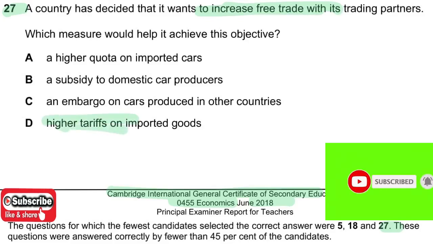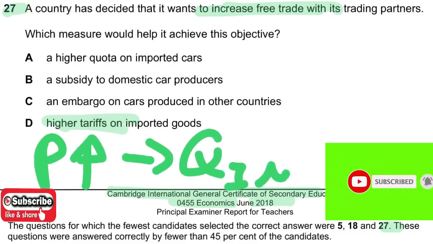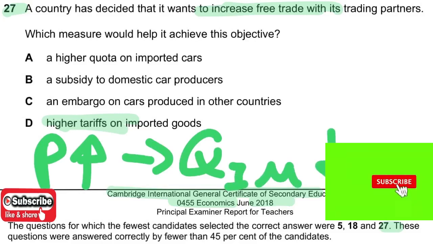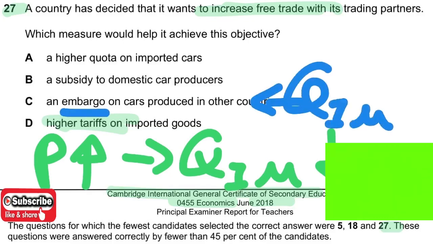When the tariff increases, that means the price would rise, and of course the quantity of the imported good will drop. So option D is not an answer. How about option C? Option C, for embargo, the quantity would drop to 0. So that's not our answer either.